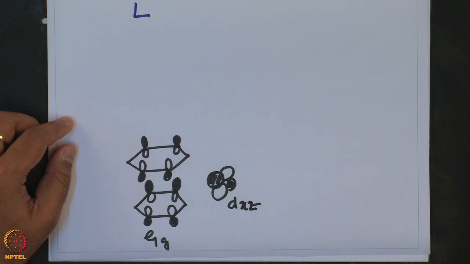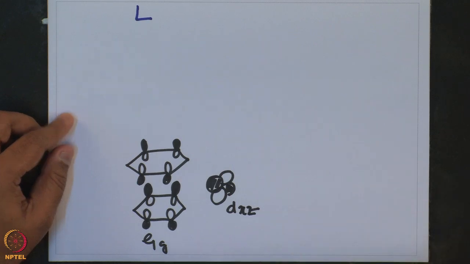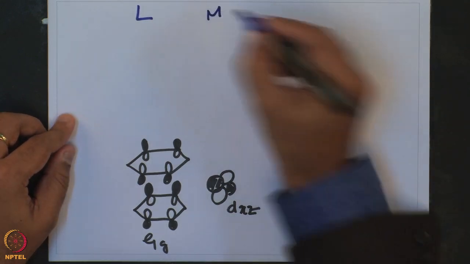The other combination is E1U. So, this is the metal orbital.